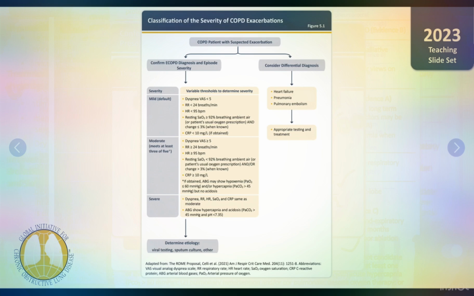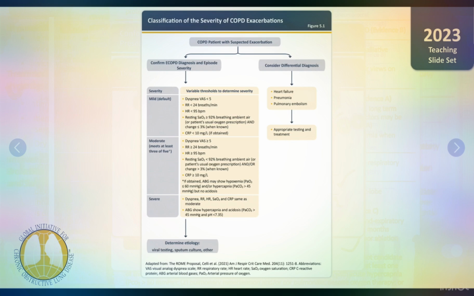Then they are talking about moderate. For moderate, they are telling it should meet 3 of these 5 criteria. What are those 5 criteria? Dyspnea VAS should be more than or equal to 5. Respiratory rate should be more than 24. Heart rate should be more than 95.